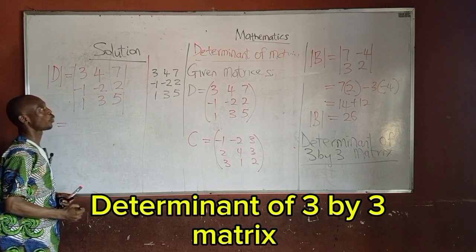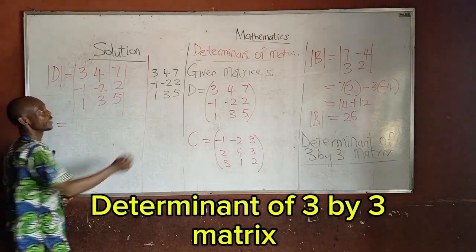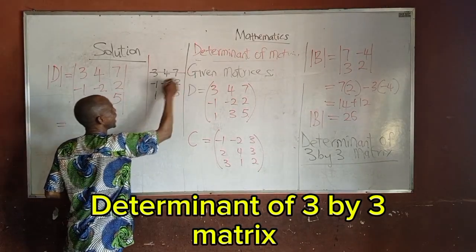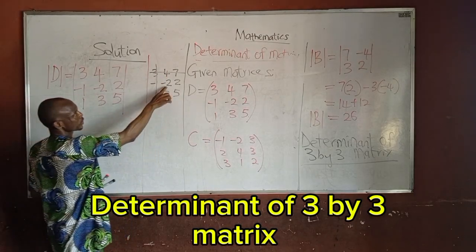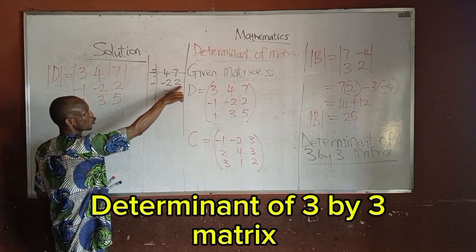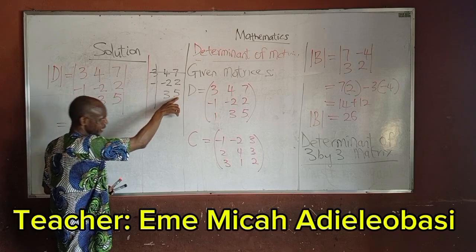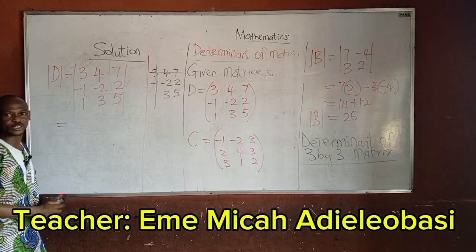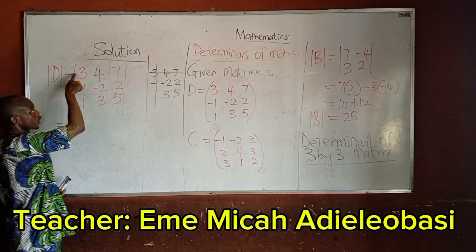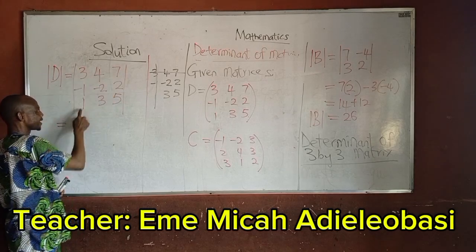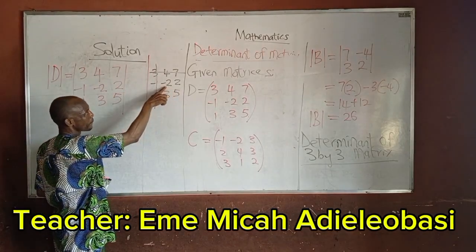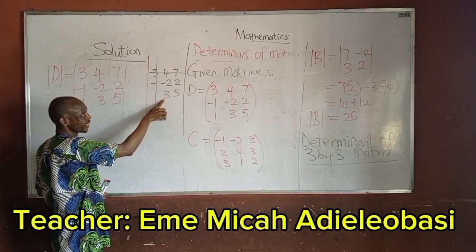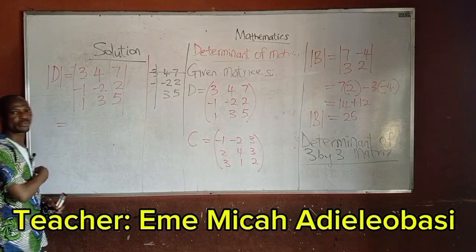If we are cancelling this row and this column, what are we going to have left? Minus 2, 2, 3, and 5. That is what we mean by closing the first row and the first column. When we close that, it is reduced to minus 2, 2, 3, and 5.